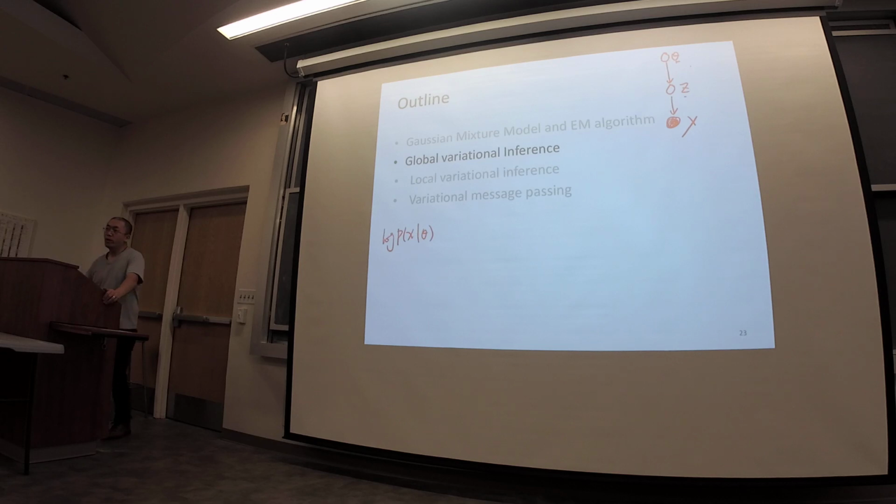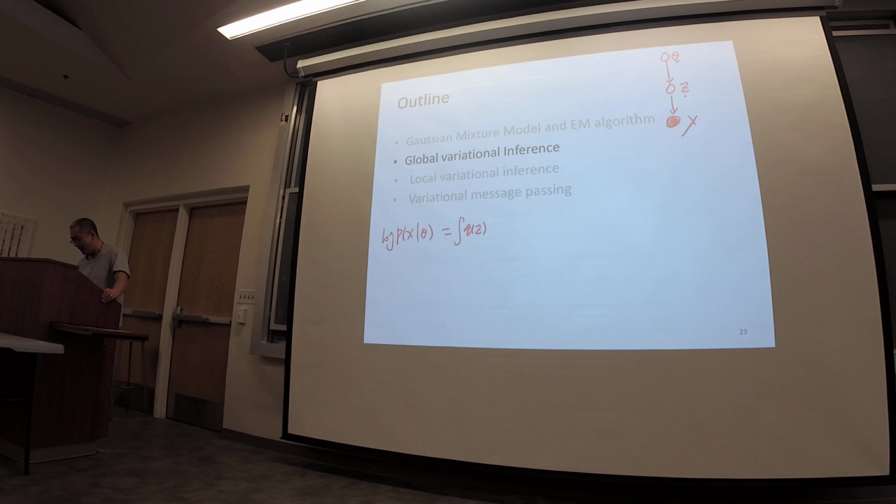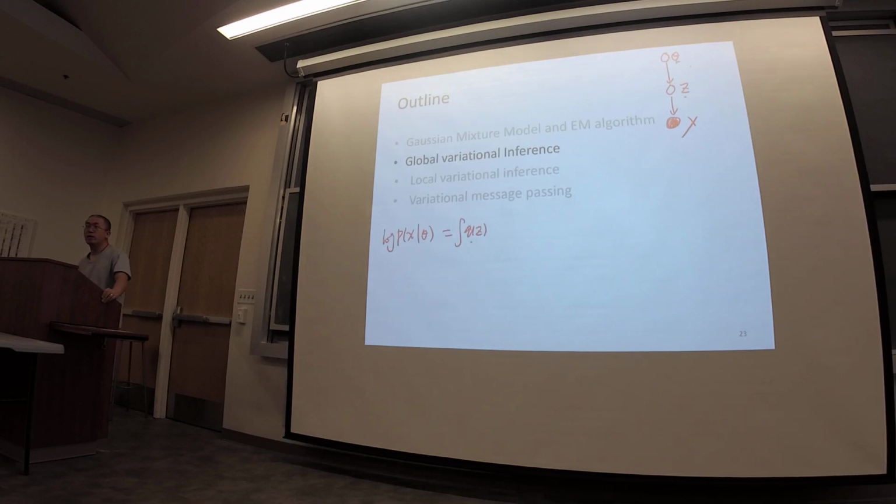We can use Jensen's inequality to derive that this log evidence is essentially a summation of a lower bound, called the evidence lower bound, which is an expectation under any non-trivial distribution over the latent random variable z. Non-trivial means that I need to ensure this Q of z is non-zero in the whole sample space.